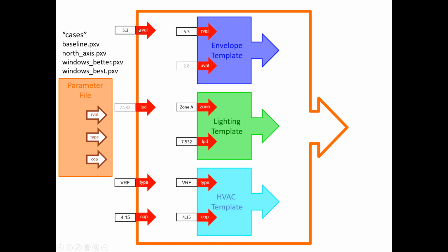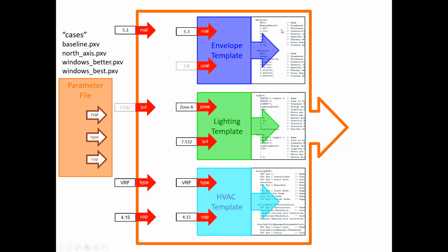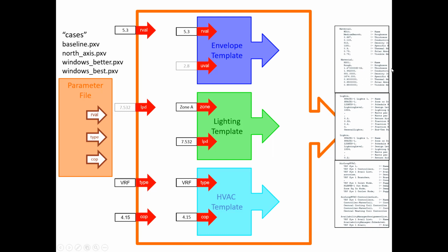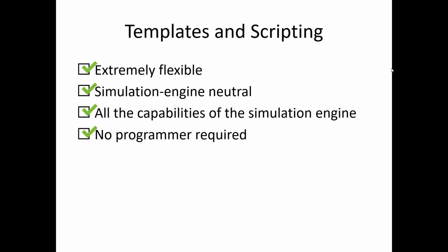And then those get passed from the root file into the individual templates to create the EnergyPlus objects, and then those objects get combined to create an EnergyPlus energy model.